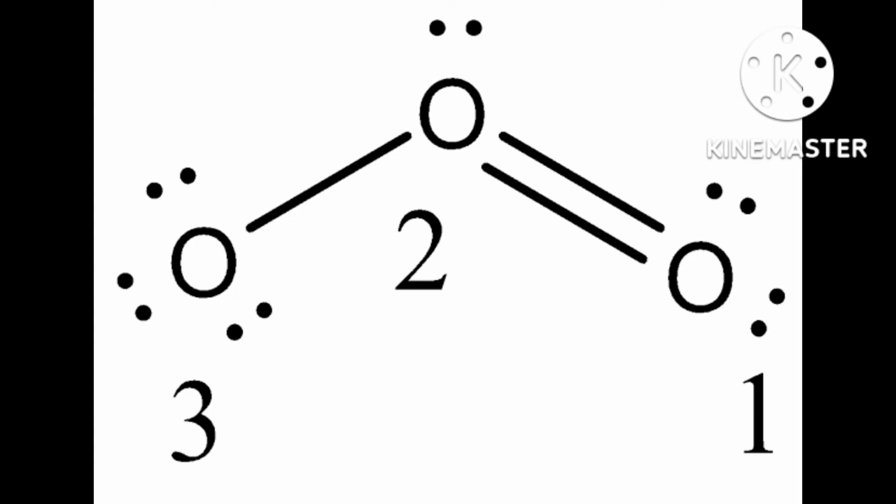That is O3, ozone, O-Z-O-N-E, ozone. It is found in space. It absorbs the UV light, due to which UV light is not able to come to the earth.